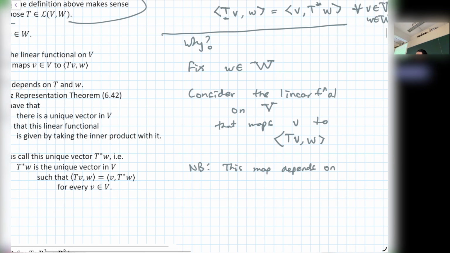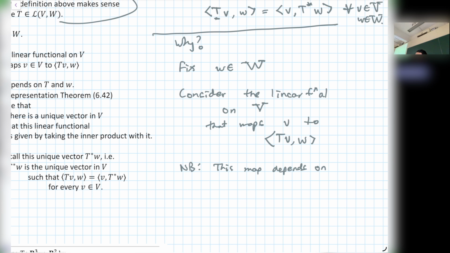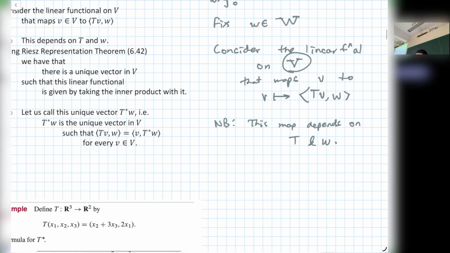It's a linear functional on V. So what does this map depend on? I'm saying, consider this map which maps V to TV comma W. So what does the map depend on? Yeah, T and W. Is that okay? Okay, so that is fine.